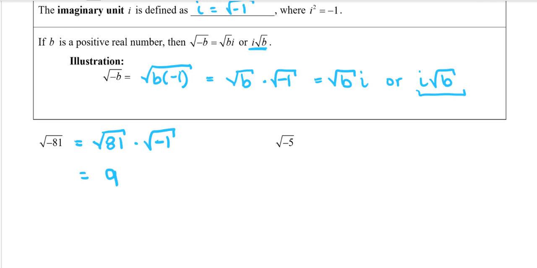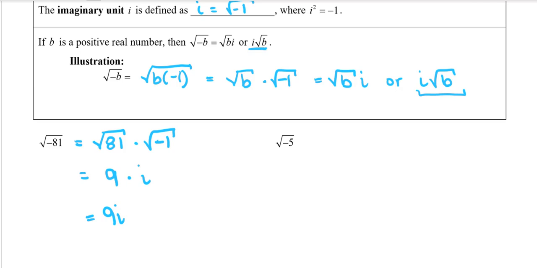And then the square root of -1, that's our imaginary unit. So the square root of -81 is equal to 9 times i, or shorthand, we would just write that as 9i, and the multiplication would be understood. So why don't you pause the video there and see if you can work out the square root of -5.